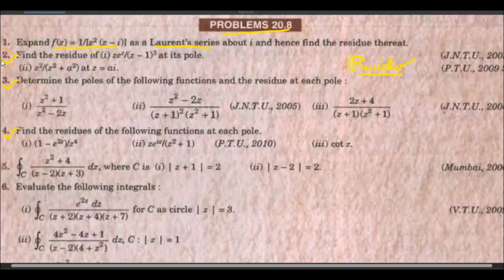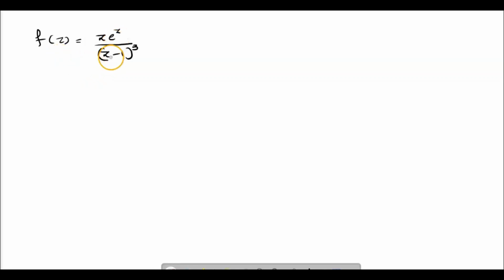So let's start. Second question is, find the residue of z e raised to z divided by z minus 1 whole cube at its pole. f of z is given by z e raised to z divided by z minus 1 whole cube. And clearly z equal to 1 is a singularity and it is a pole of order 3. We already discussed how to find residue at a pole of order n.